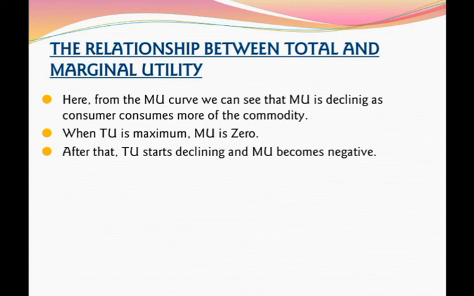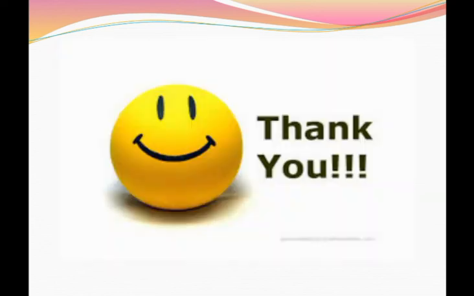After the total utility reaches its maximum point, it starts to decline. And the point where TU starts to decline is where marginal utility becomes negative. That can also be seen through the table and diagram.